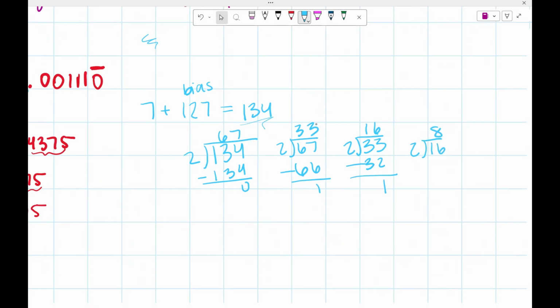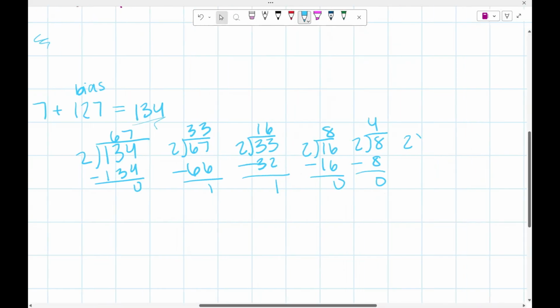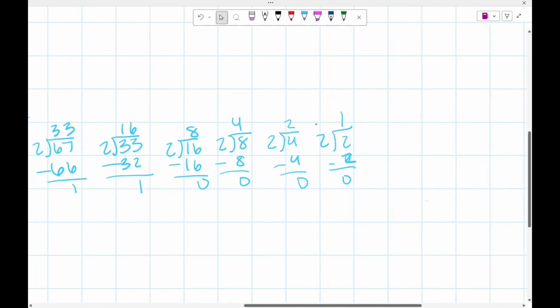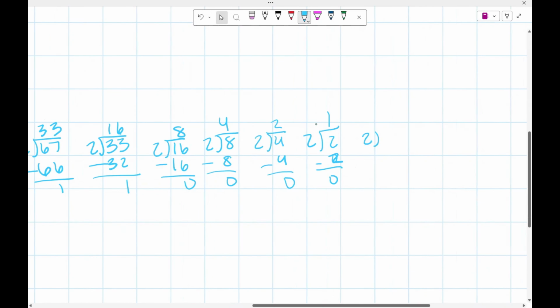That's going to be 8. This is going to be 4. And then finally we get that 0.